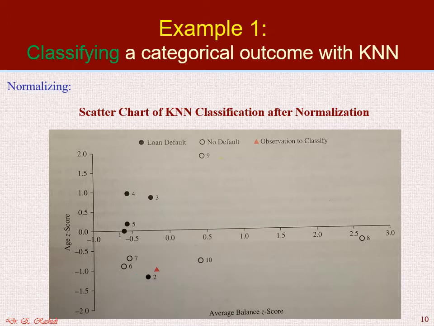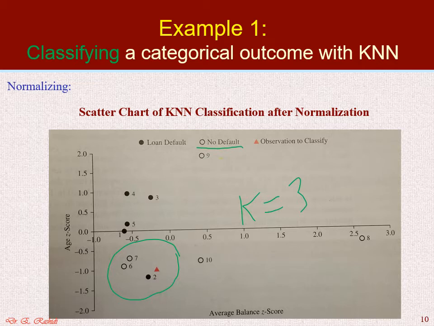Or for example, if we consider k equal to 3, then the three nearest neighbors to our new observation are these 3 points: data points 2, 6, and 7. Point 2 is a loan default, and 6 and 7 are both no default. So the majority vote here would be 2 to 1, and we would classify our observation as a no default person. And this is very clear.